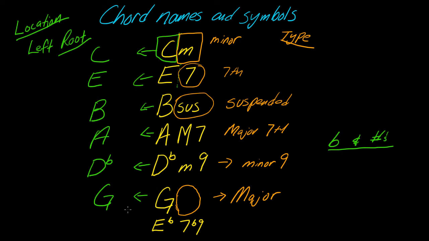The location or the root here is what? E flat. That's the note everything's going to be built off of. The type of chord is this. It's a 7 flat 9 type of chord, which is a common chord in jazz.